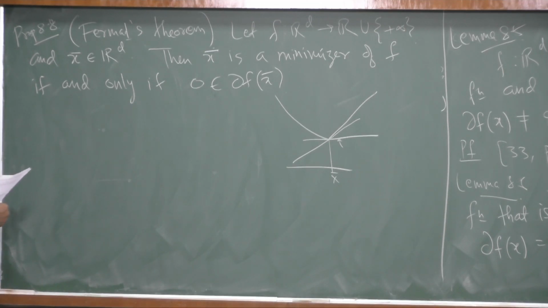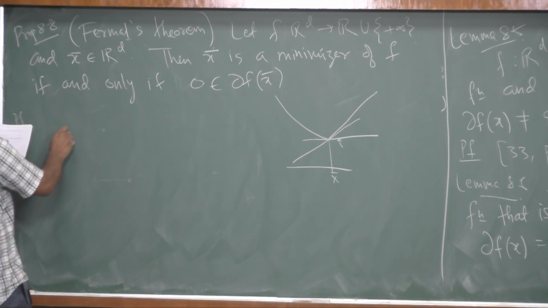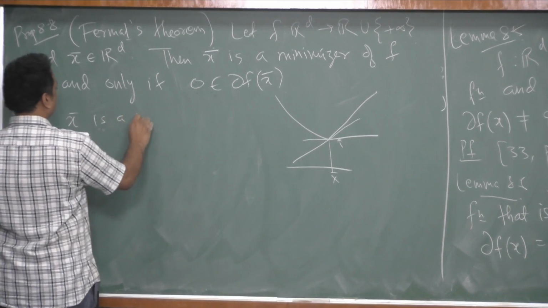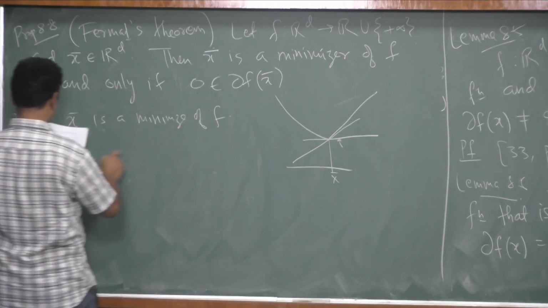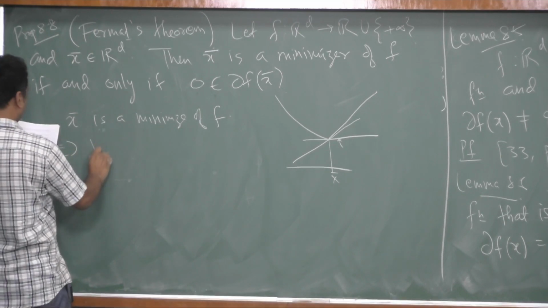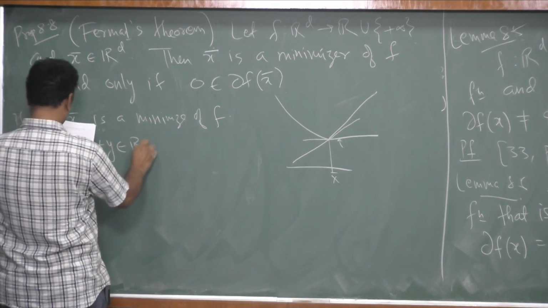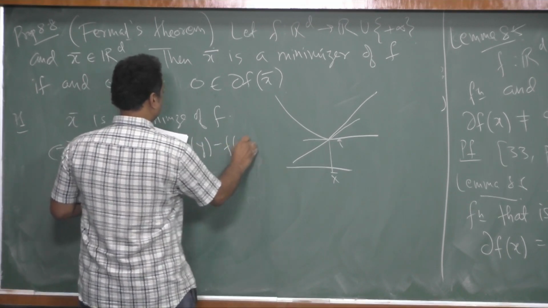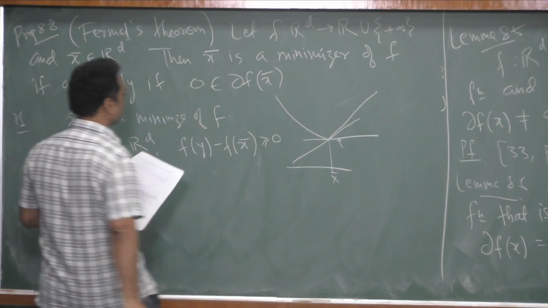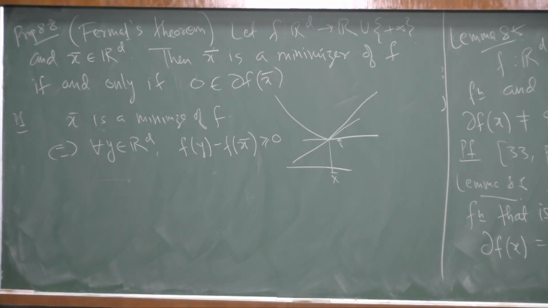So we have done this proof, where the proof is like 2 lines, so I will just do this very quickly. x bar is a minimizer of f if and only if for all y in R^d, f(y) minus f(x bar) is greater than or equal to 0, because x bar is the minimizer.